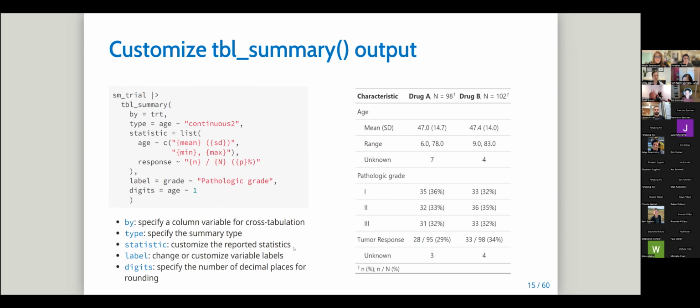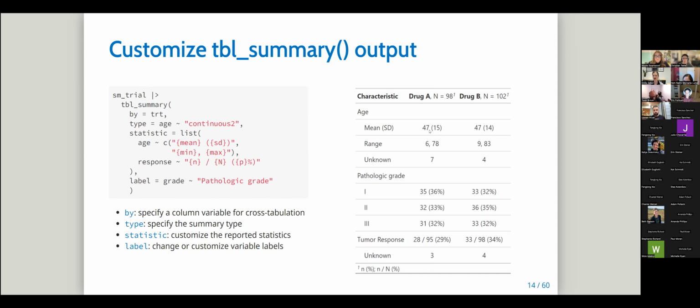An additional customization is the digits. Here I'm saying in the digits argument that I want age to be rounded to 1 digit. There are sensible defaults for the digits, and you can see in the previous table, it was rounding these to have no decimal places because, age, who thinks of their age with decimals? For any continuous variable that's over 2 digits, it will round to have no decimal places.